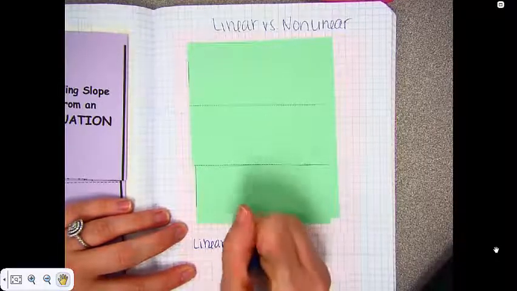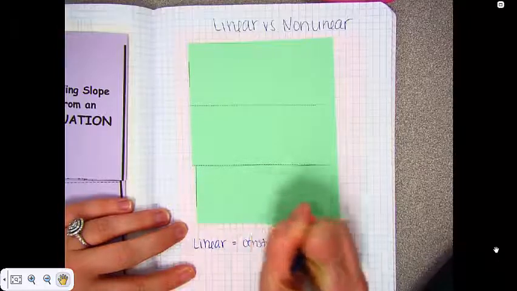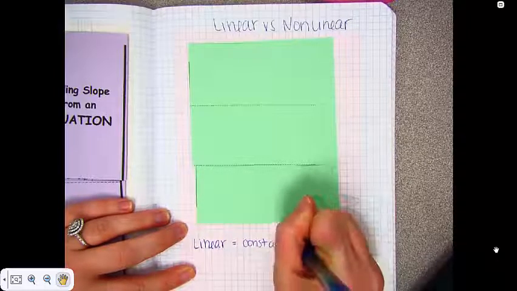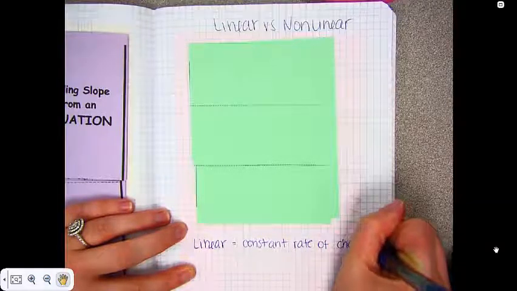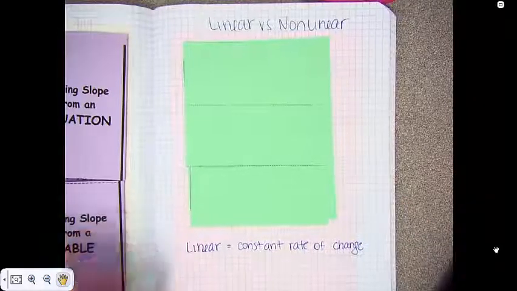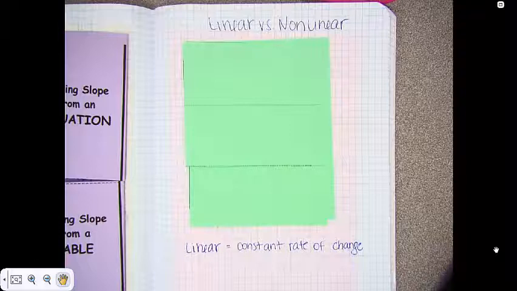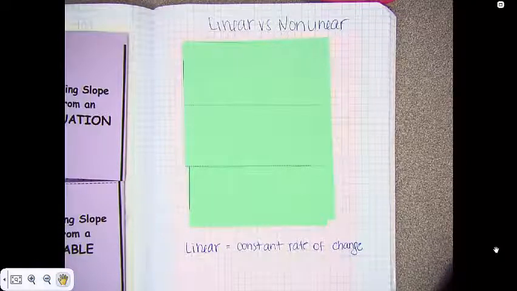Linear equals constant rate of change. And remember that rate of change is just another name for slope. We already know this. So let's look at some examples.